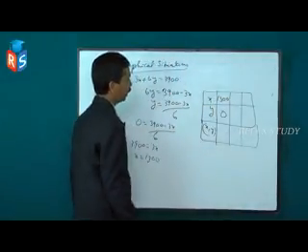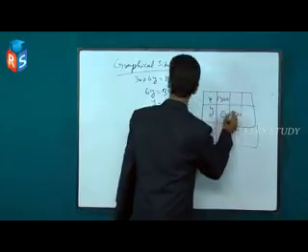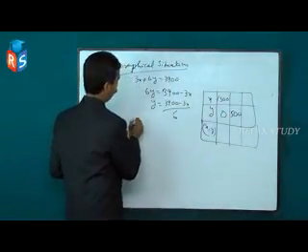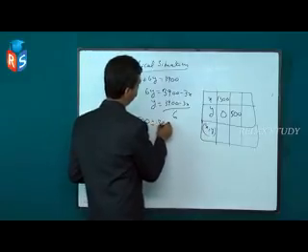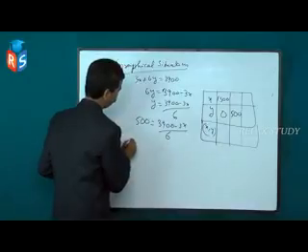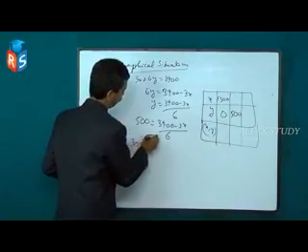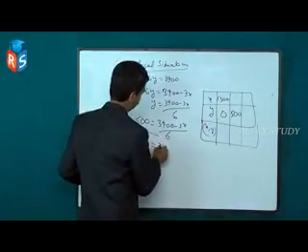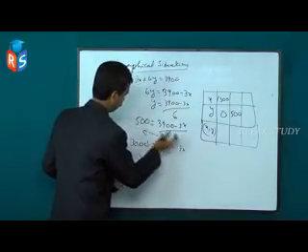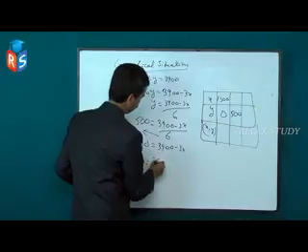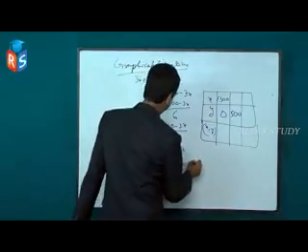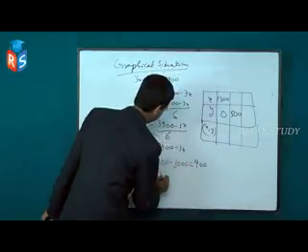If I put y equals 500, then 500 equals 3900 minus 3x by 6, or 3000 equals 3900 minus 3x. Simplifying, 3x equals 3900 minus 3000 equals 900, so x equals 300.